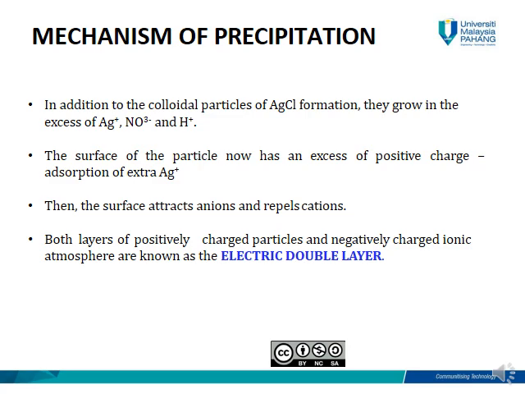Both layers, the positively charged particles and the negatively charged ion atmosphere, are known as the electric double layer. The attraction between the positive ion and negative ion can produce what we call the electric double layer.